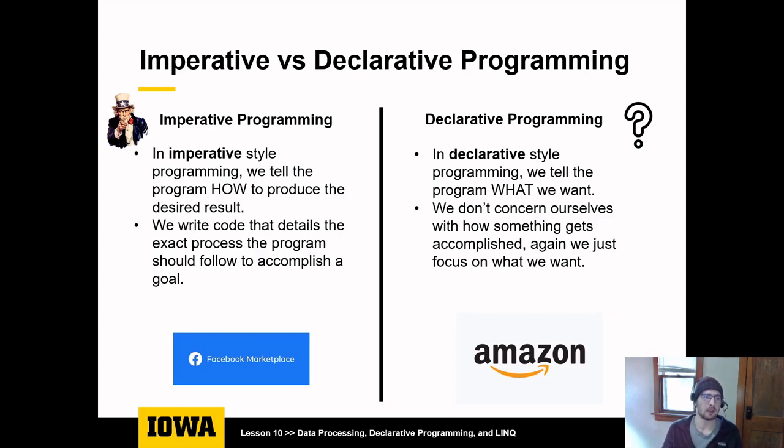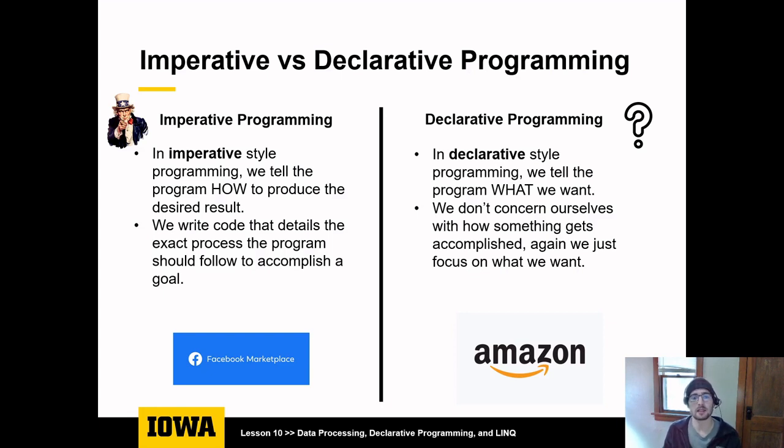And so kind of to understand this a little better, the example I'll use is declarative programming is Amazon. Amazon is declarative, okay? So Amazon, you tell them, hey, I want this package and I want it by this date.